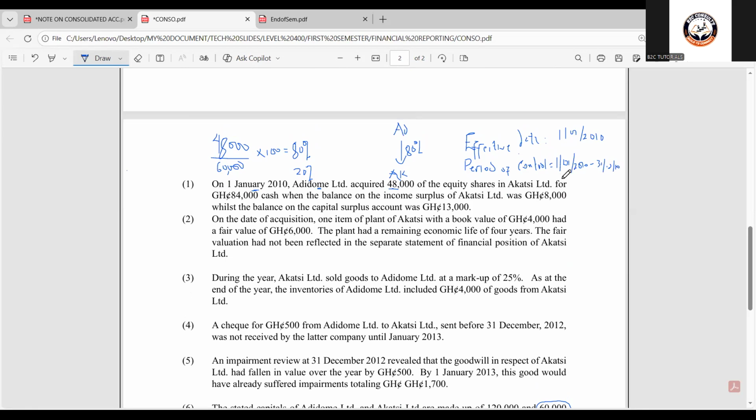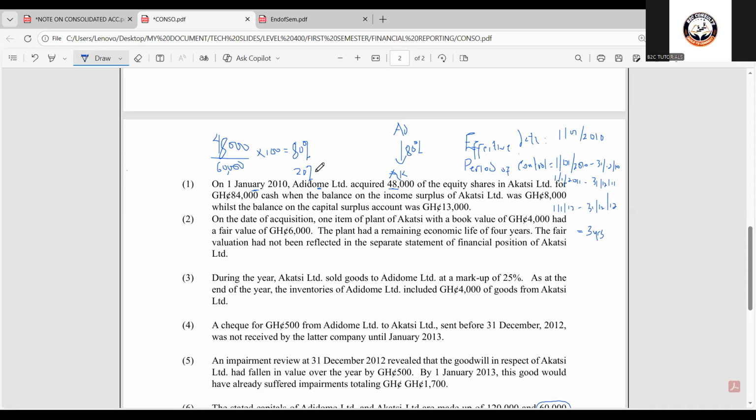The next would have started from 1st January 2011 to 31st December 2011. That would be another year. And the last one would have been 1st January 2012 to 31st December 2012. So we can see how many years are involved: 3 years. Is that clear? Yes. All right.